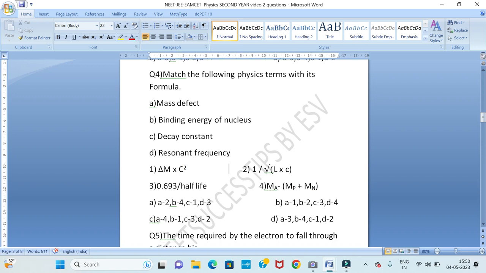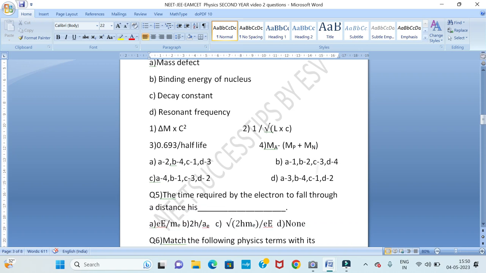Decay constant is 0.693 by half-life. All are multiples of 3: 3 twos are 6, 3 threes are 9, by half-life. Next, resonance frequency is 1 by under root L into C. L means inductance, C means capacitance. Like that, you can remember.